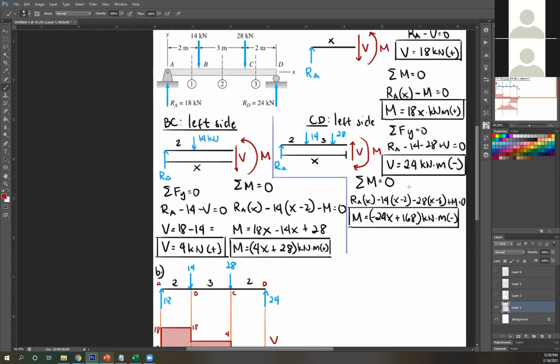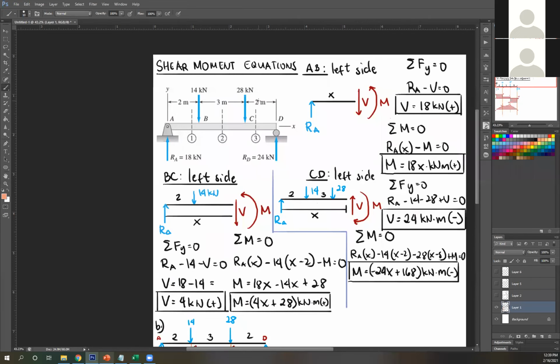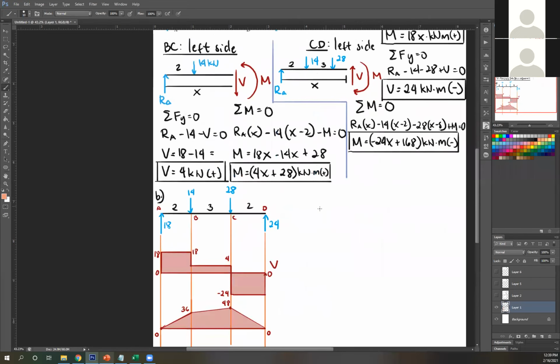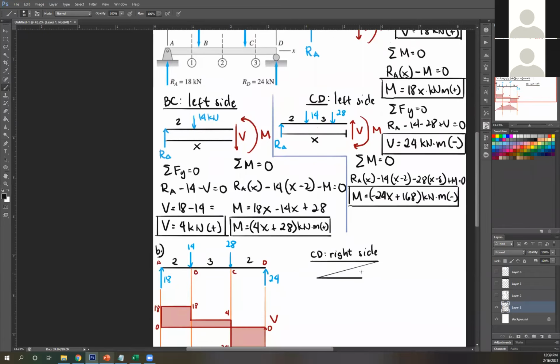Now what if I took, or I isolated the right side? What's going to happen? So let's see here. So let's check for CD. Okay? What is that going to look like? So CD for the right side. So draw that. You get this.